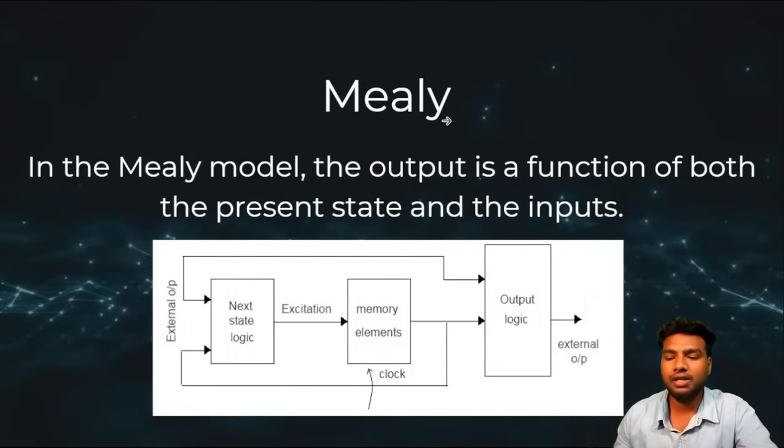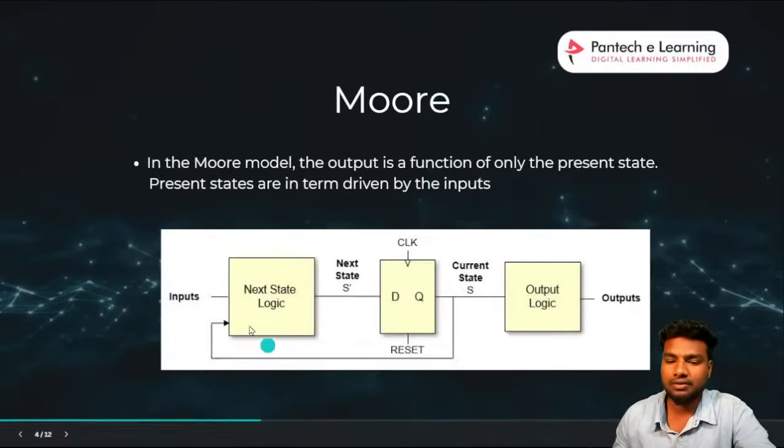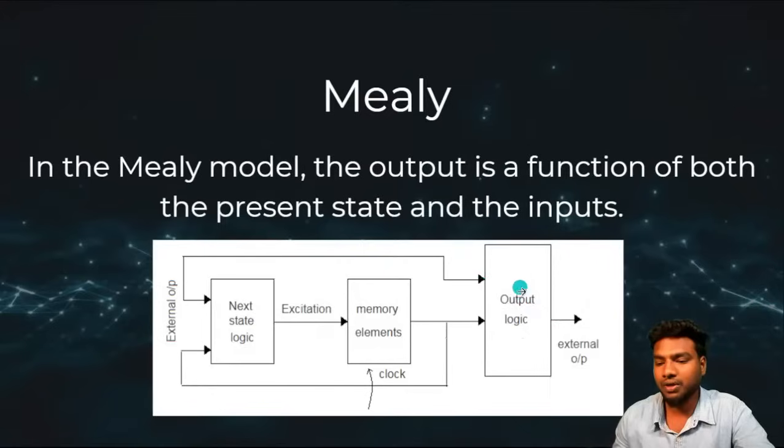If you take the Mealy machine, you can see here it is based on our current state. After the memory elements, we have the current state output, the current state value. The next state logic depends on the current state and also the previous output. This is my previous output.